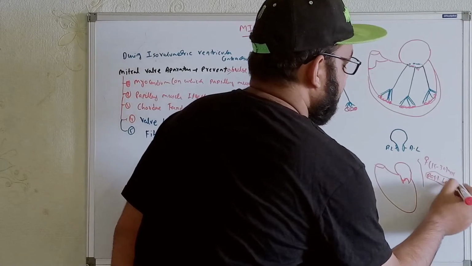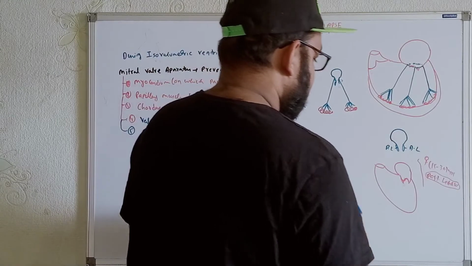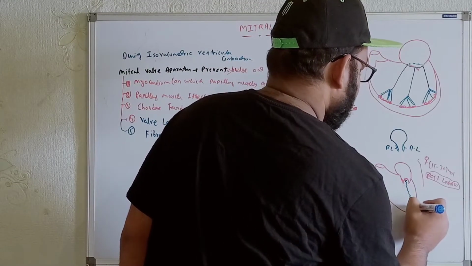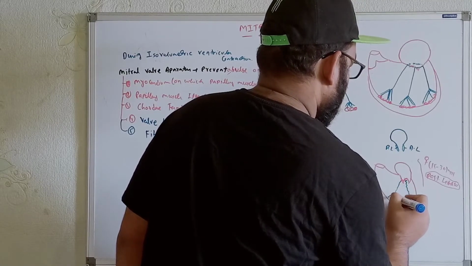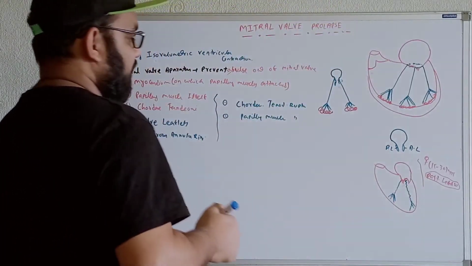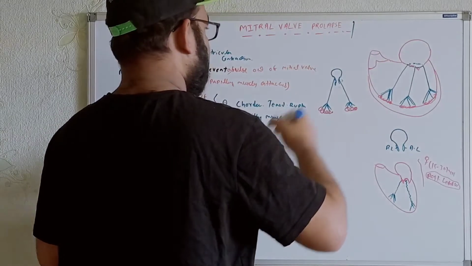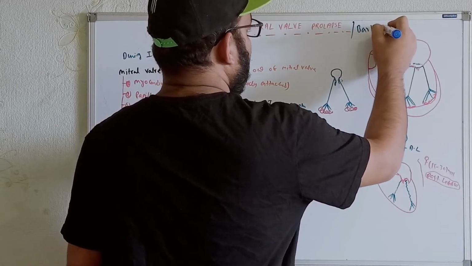Now, try to understand what we get in these cases. For example, we have the rupture over here, and it is not functioning, so we get bulging of this whole structure. Another name for mitral valve prolapse is Barlow's syndrome.